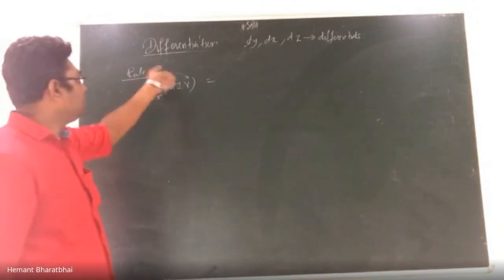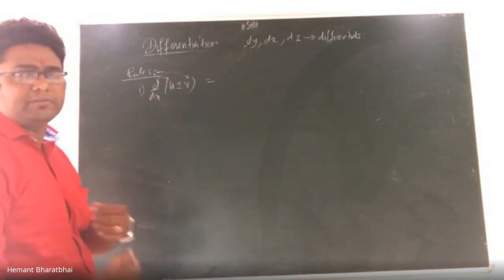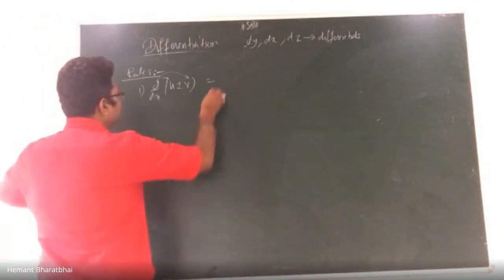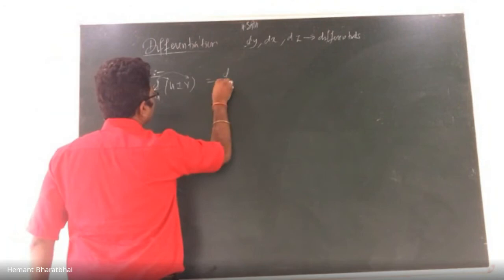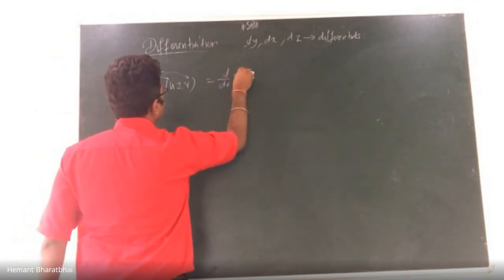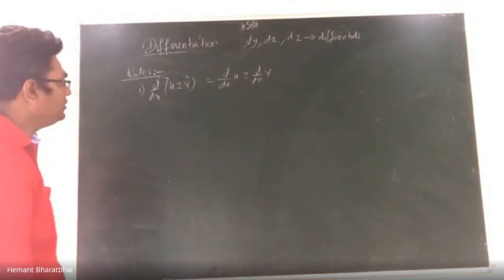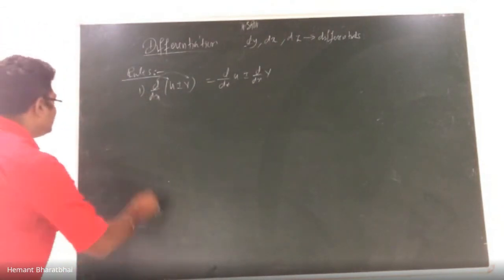So I can do it like a bracket multiplication. How do we do a bracket multiplication? In a similar fashion, I can write it as d by dx of u plus minus d by dx of v, that is, du by dx plus minus dv by dx.